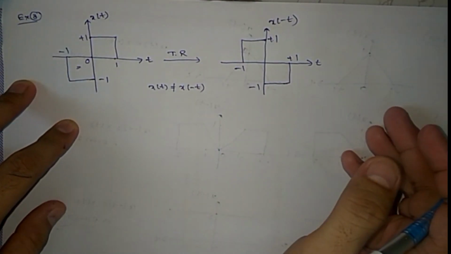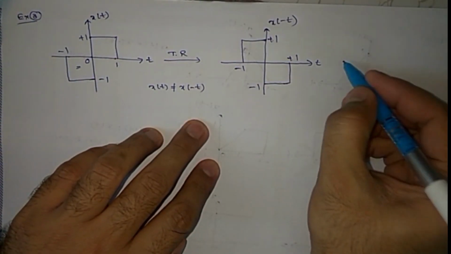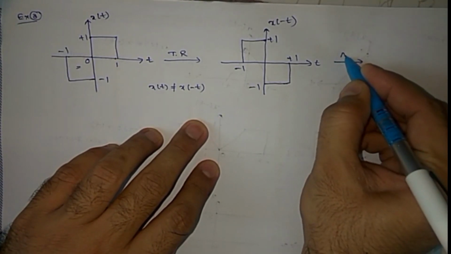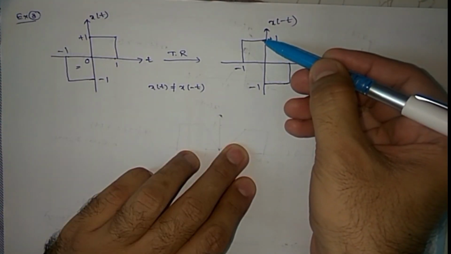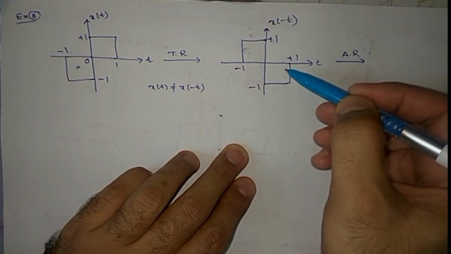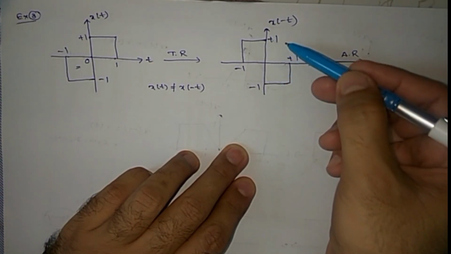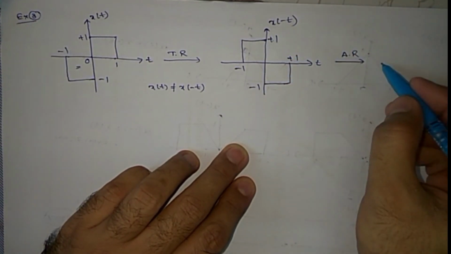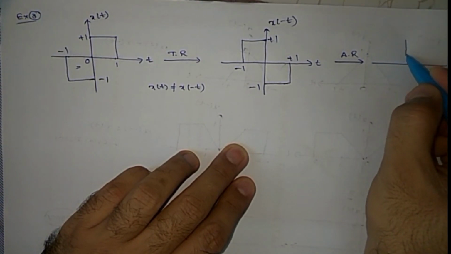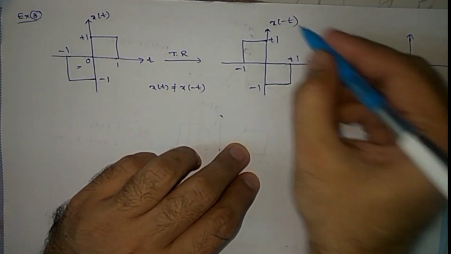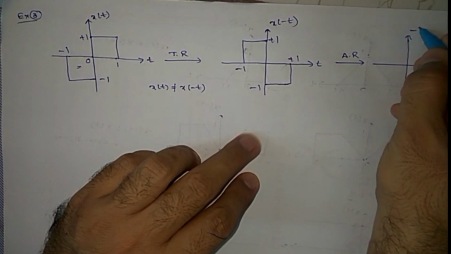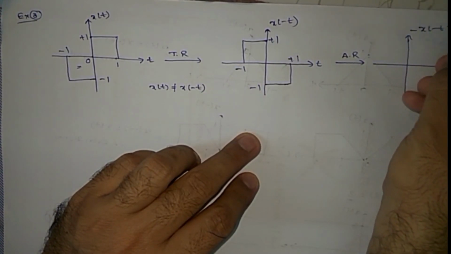Then what? So again I am doing amplitude reversal. Whatever signal is there, I am bringing downside, and whatever signal is there, I am taking to the upside. So multiplying this complete signal with minus 1, that gives minus x of minus t.